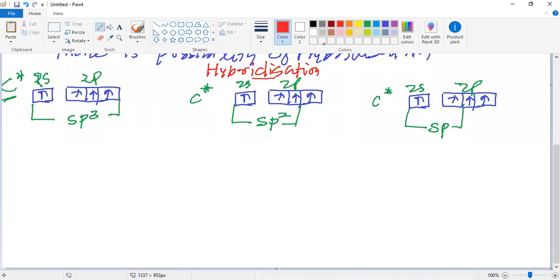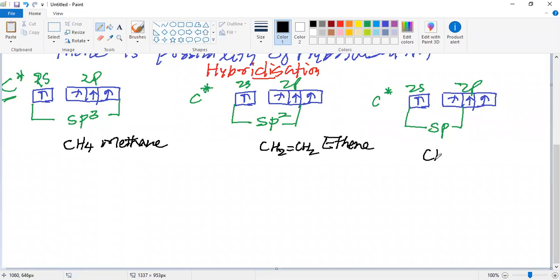Now, you have studied this hybridization in the previous classes, and you have come to know that our methane CH4 has this kind of hybridization. But if you think about CH2=CH2, which is known as ethene, ethene has sp2 hybridization, and if you have ethyne, then it has sp hybridization.